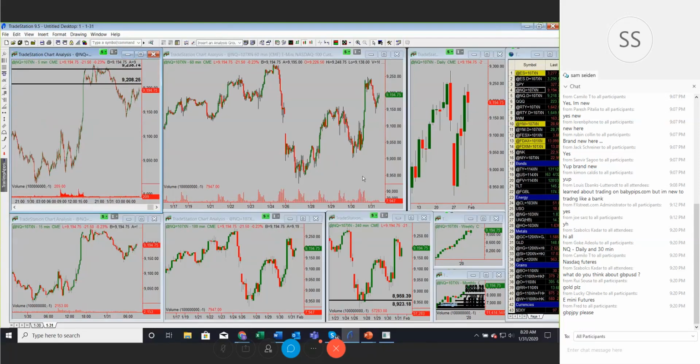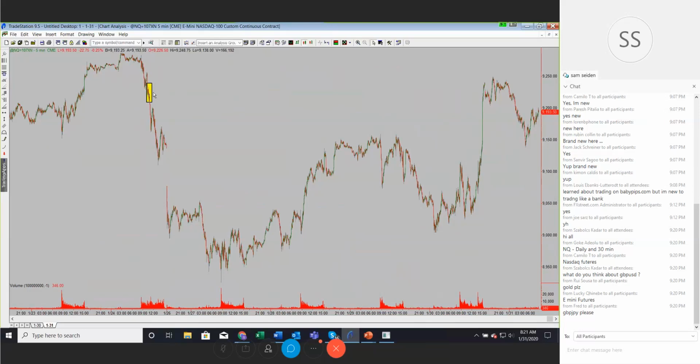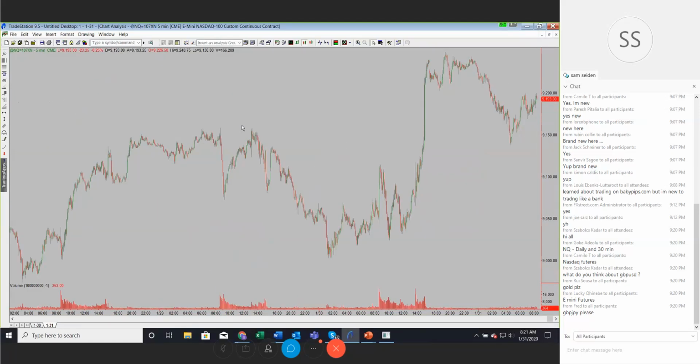But where's the NASDAQ likely to go from here? Well, it's an easier question to answer looking at the S&P or the Russell. But as far as the supply side goes, okay, that level worked out fine. So let's get rid of that now. The next smaller time frame supply zone, I'll get you there.